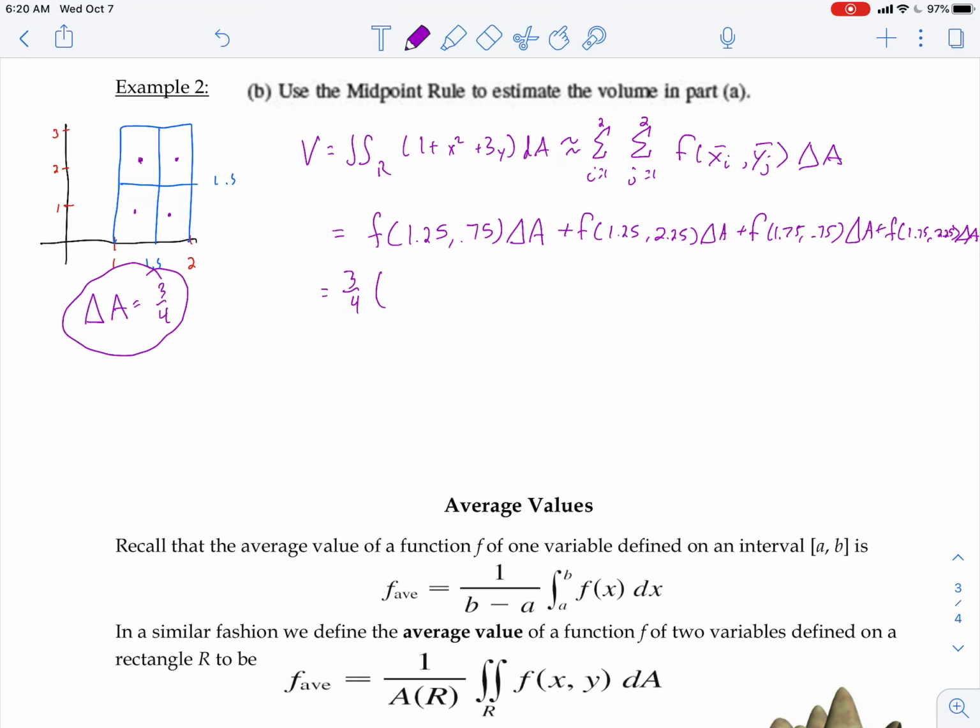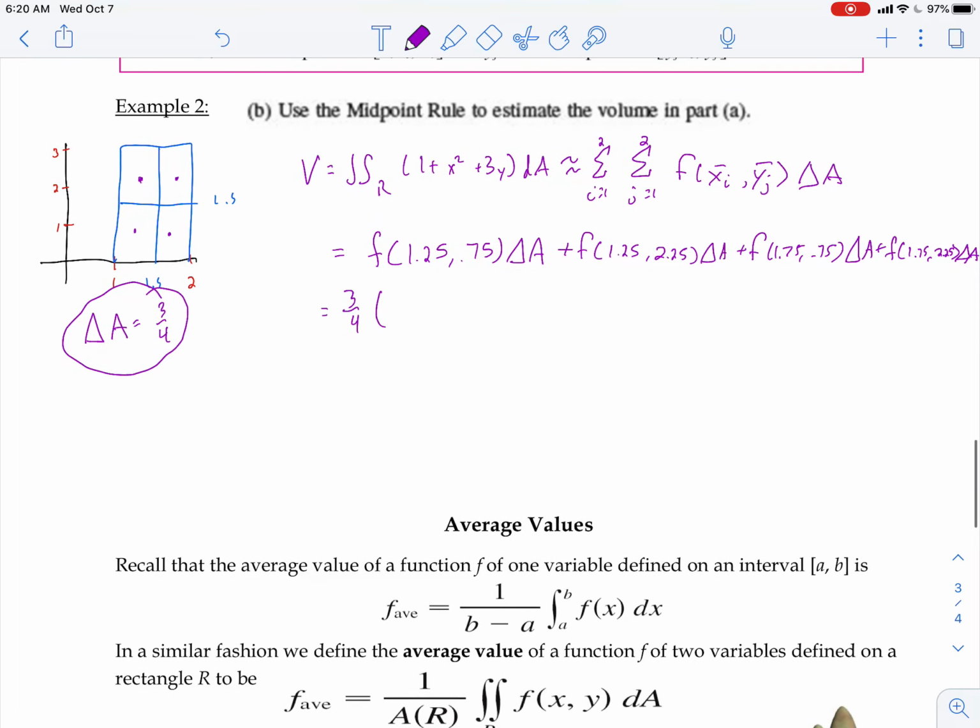So when I plug 1.25 and 0.75 back into the function, I'm going to get the height, and that height is going to be 77/16. Plus, now I'm going to do the height when I plug in 1.25 and 2.25. When I plug that in, I get 149/16.